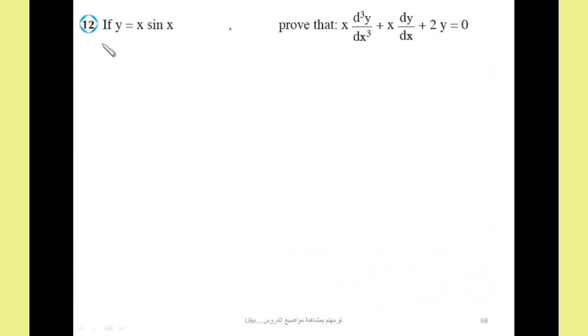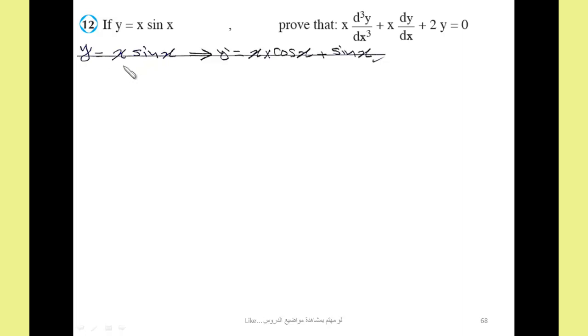Question 12. If y equals x sine x, prove that x d3y by dx power 3 plus x dy by dx plus 2y equals 0. So we'll make the first derivative. We have y equals x sine x.